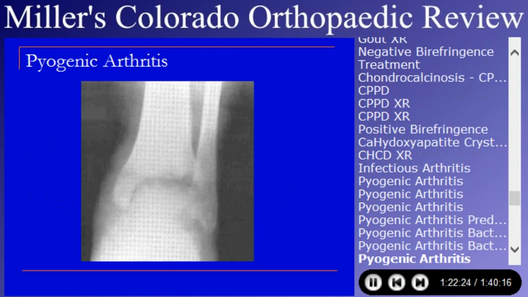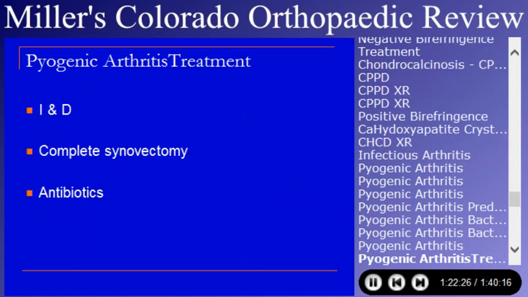Treatment is incision and drainage, possibly a synovectomy in recalcitrant disease, and appropriate antibiotics. Accessible joints can be washed out and debrided arthroscopically. Accessible joints like the knee can even be treated with multiple aspirations and antibiotics.